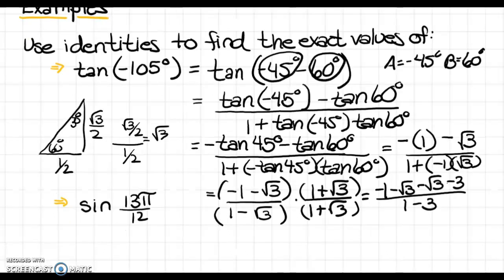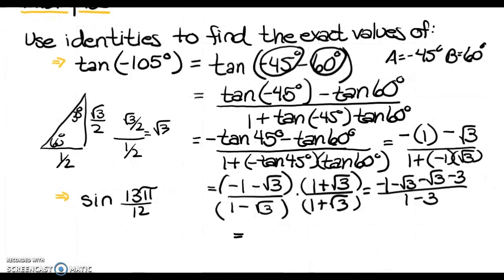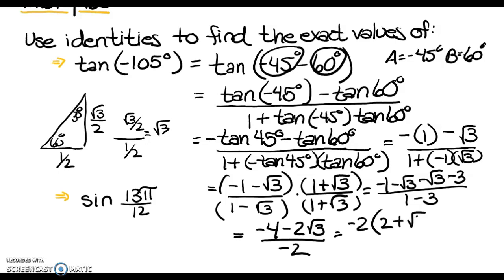That gives negative 4 minus 2 radical 3 all over negative 2. Factoring a negative 2 out of the numerator, the negative 2s reduce out, so I end up with 2 plus the square root of 3. That took up way more room than I left on my screen.